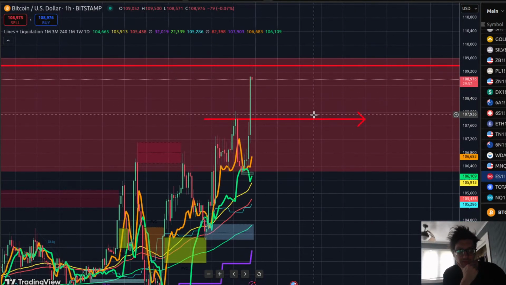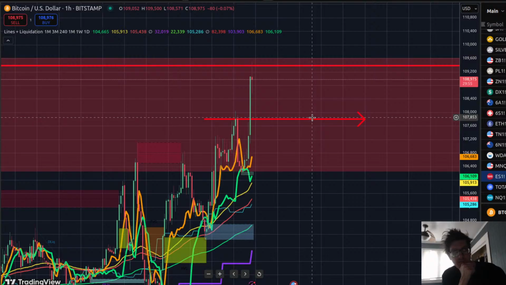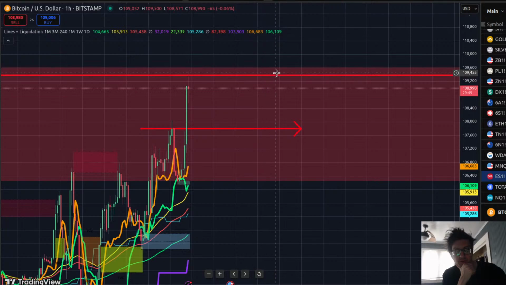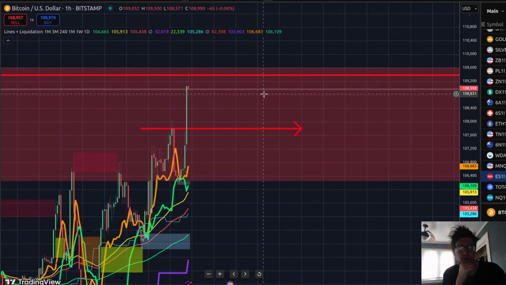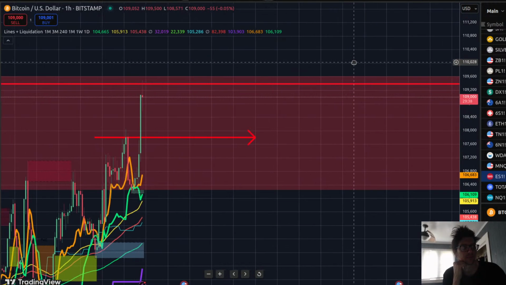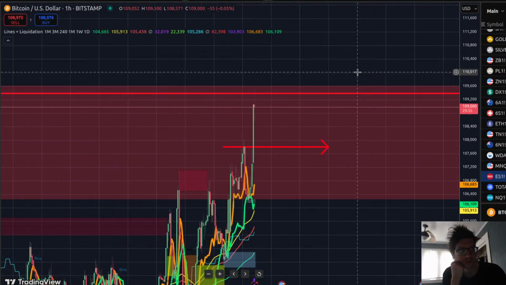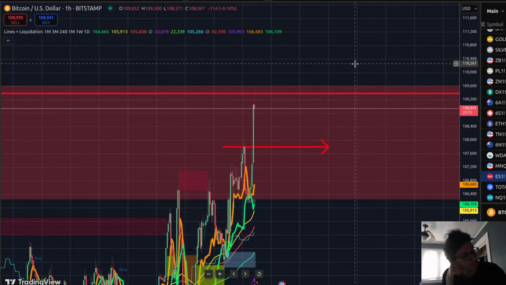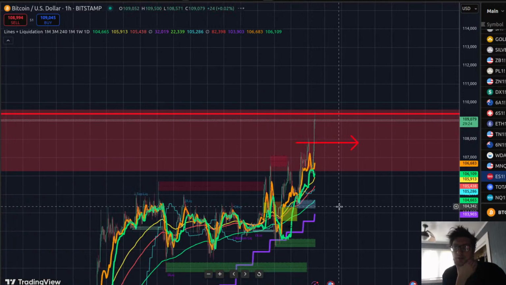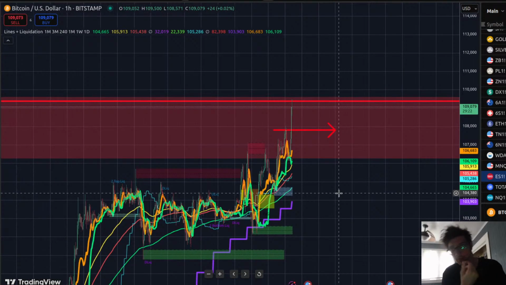I could see us coming back down, testing this as support, and then maybe breaking through this upper line here, or potentially just ping-ponging between this level and that level until we figure out who's still around, because people are going to get shaken out of the market. A lot of people are going to be shorting at this level, and then a lot of people will be going long.